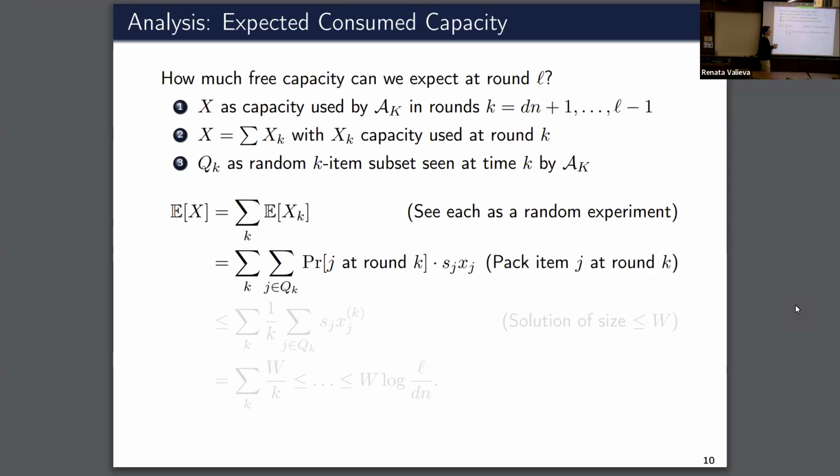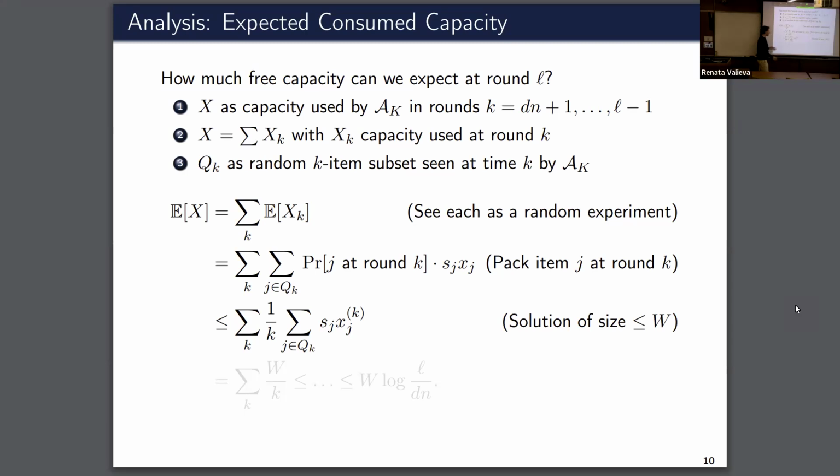So Xj times Xj is what our algorithm will consume in terms of resources in the knapsack. 1 over K is the probability item J is revealed at round K. Then we saw that Xj can be said to be at most the solution on these first K items.